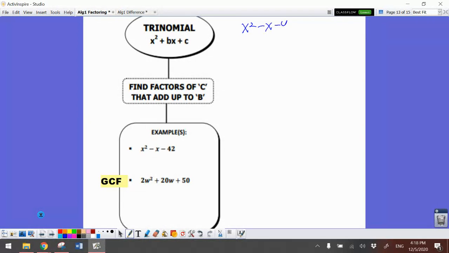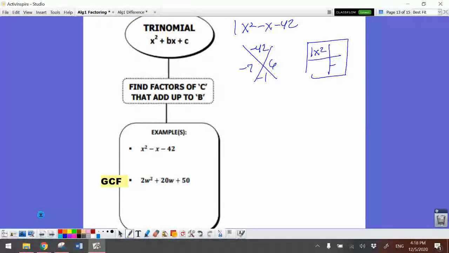All right, let's see how you did. So my crisscross, 1 times negative 42 is negative 42, and I need a negative 1. So when I was working, I know that I found factors of negative 7 and 6. Negative 7 and 6. Again, use your factor generator. Take a look at your numbers. So here is my box.